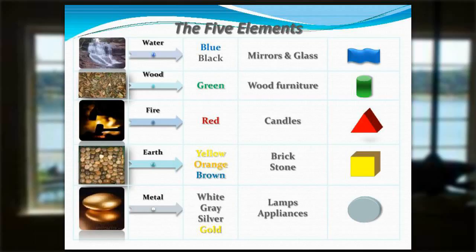It's possible that you're going to bring in something that could actually give you more than one element. For example, if you bring in a white candle, certainly the candle represents fire, but the color white also gives you some metal. So sometimes you actually can bring in several.